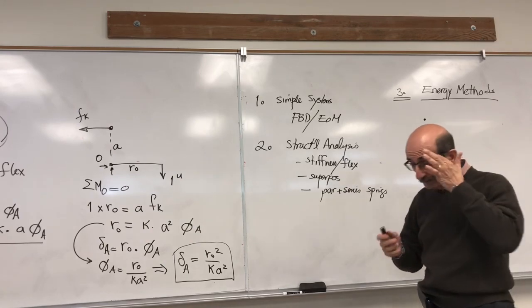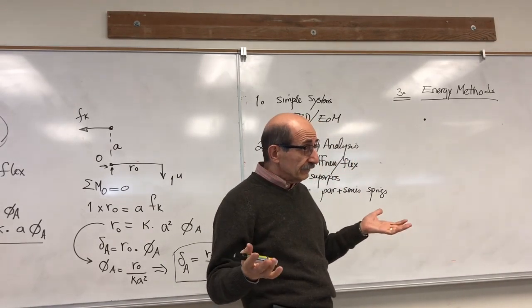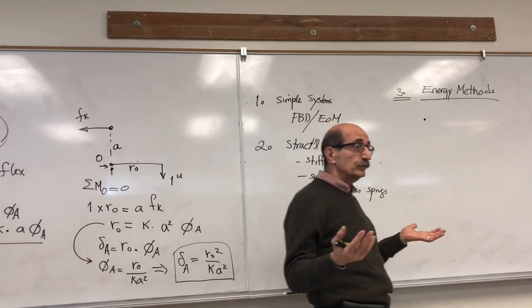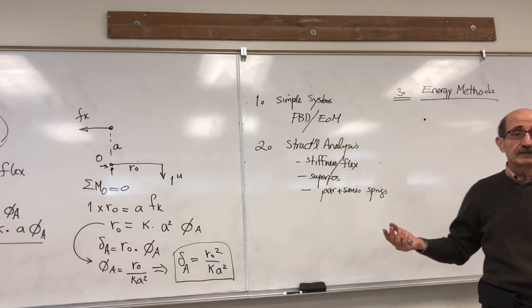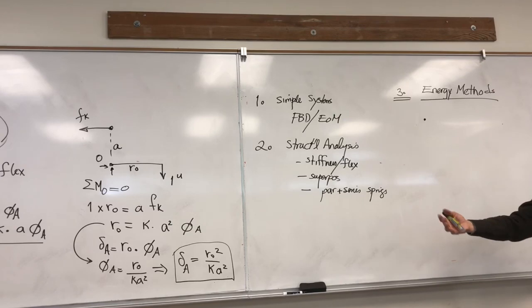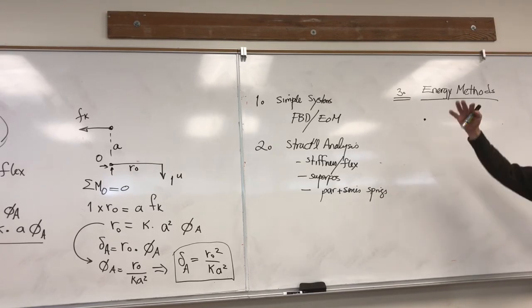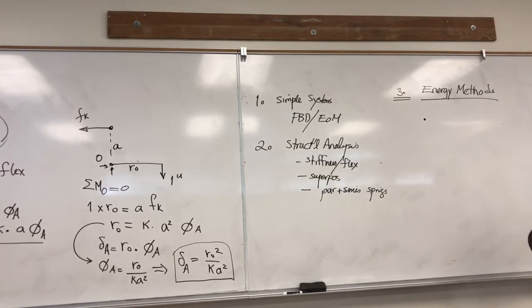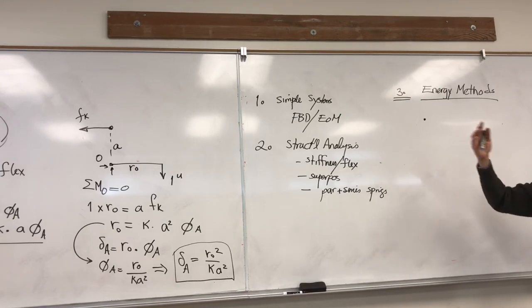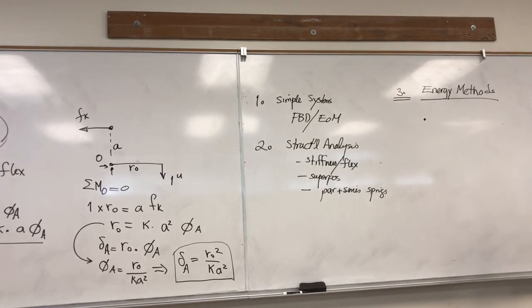Sum of kinetic and potential energy is always constant, so that sum doesn't change with respect to time, so the derivative of that constant value is always 0. That's basically it. And then we get into a little bit more advanced energy methods, like Lagrange's approach, and then Rayleigh's method. These are the 3 areas we cover, and then we are ready to study the response of the single degree of freedom system that we have modeled.